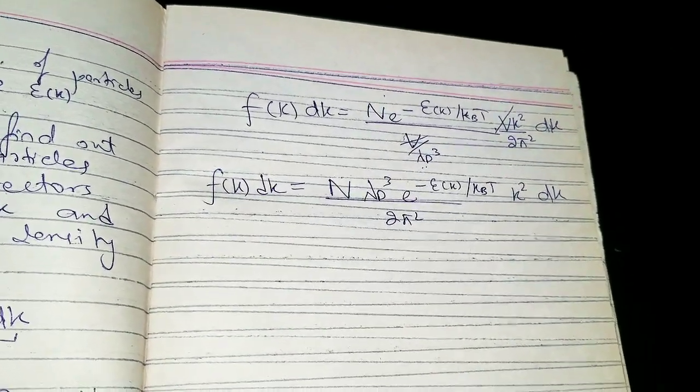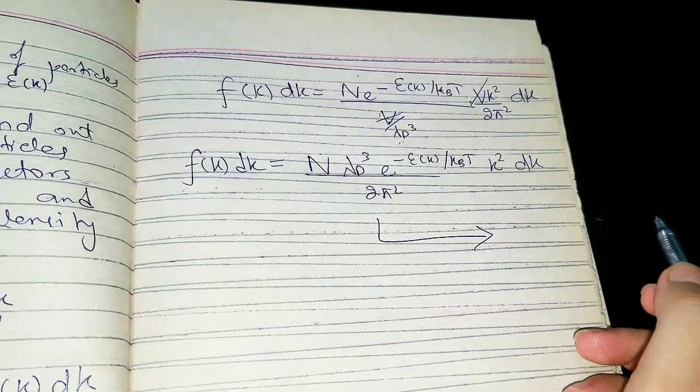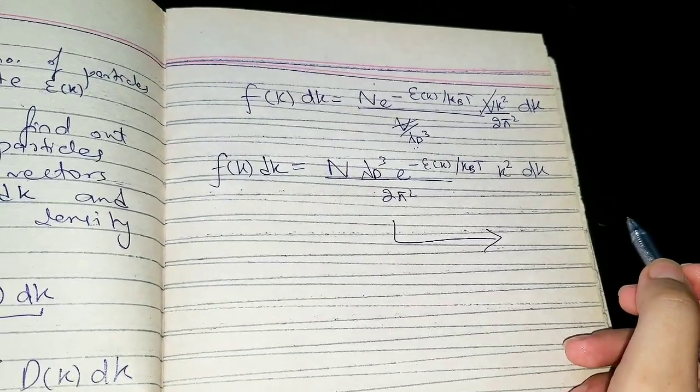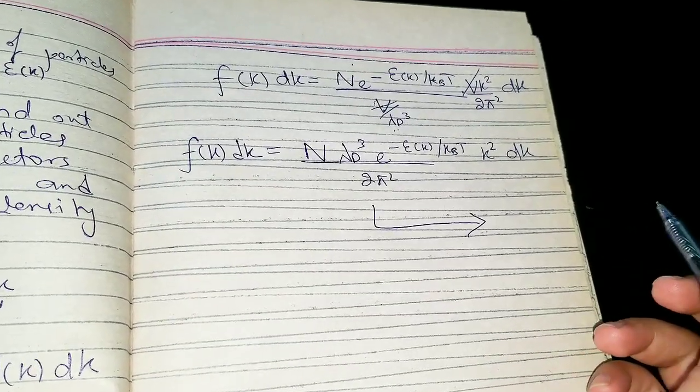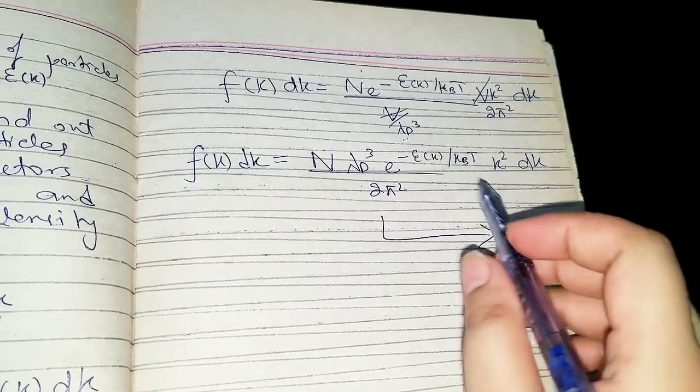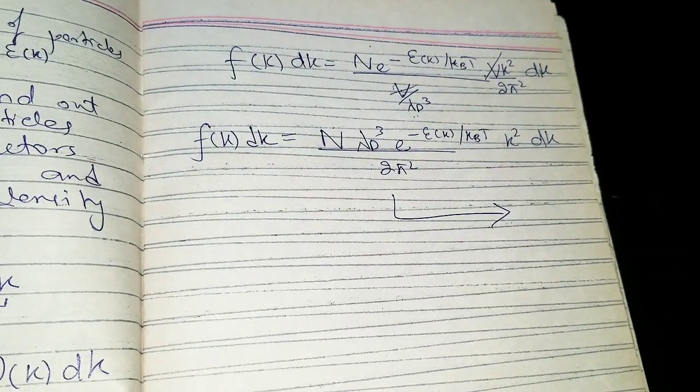Now let us convert it into speed terms, because we want to find the molecular distribution of speeds. The Maxwell distribution of speeds formula needs to be determined. That is why we will convert from k to u space. We will represent speed by the symbol u.